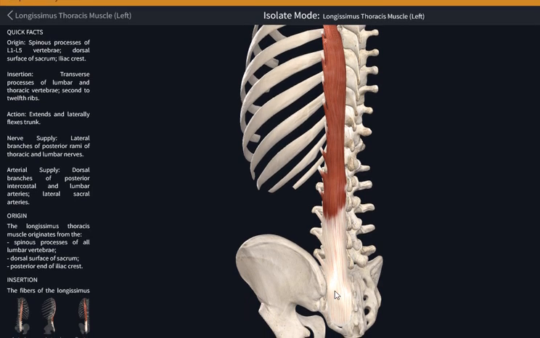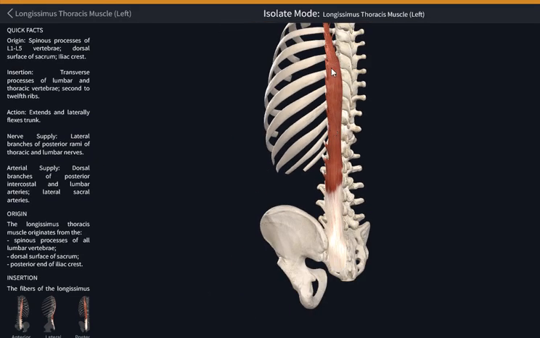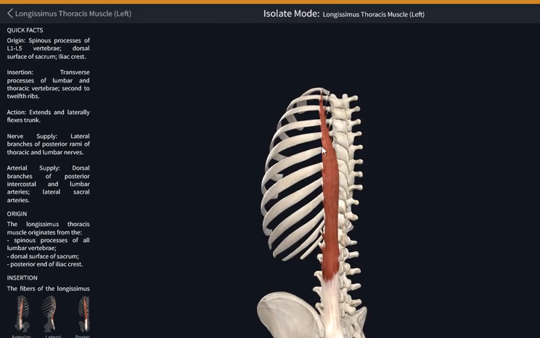So all these are for longissimus thoracis, and they are going to insert at this position, the transverse processes of the lumbar, thoracic, and second to 12th ribs. So you have this.